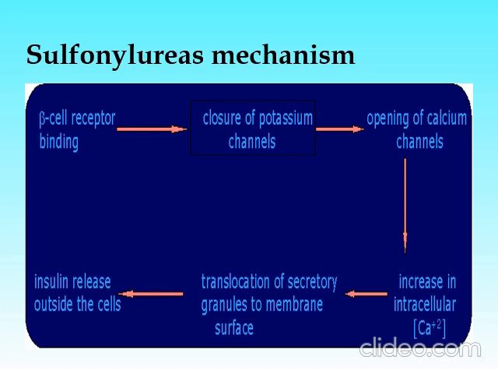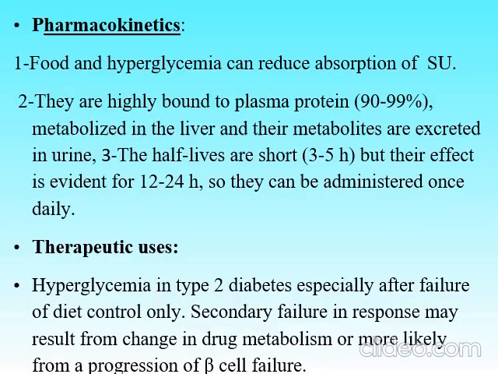Opening of calcium channels increases intracellular calcium, leading to translocation of secretory granules, exocytosis, and insulin release outside the cell. Used in hyperglycemia in type 2 diabetes after failure of diet control.